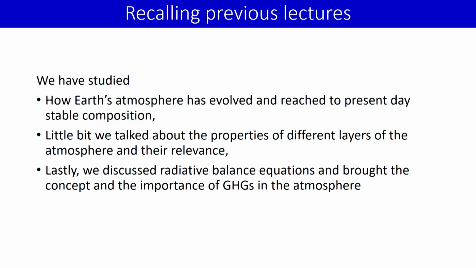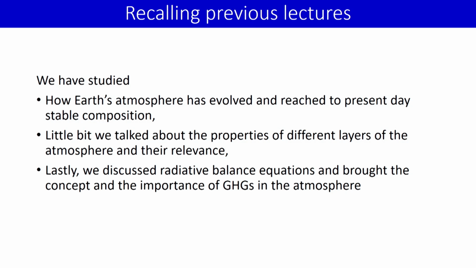Today's composition is nitrogen about 78%, oxygen 21%, then less than 1% argon, and then we have other trace gases. They are not varying very much, but some of the species which we call trace gases are actually more important, and their composition has been varying since the industrial era, you can say.